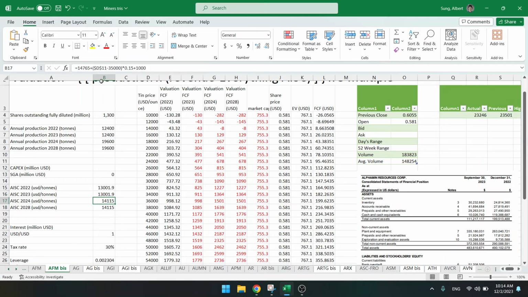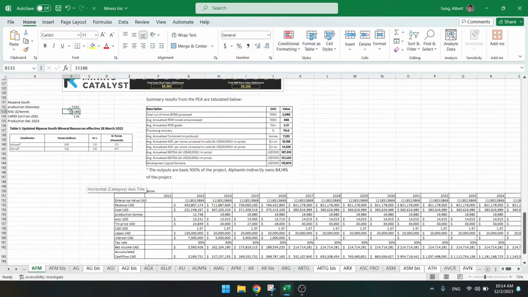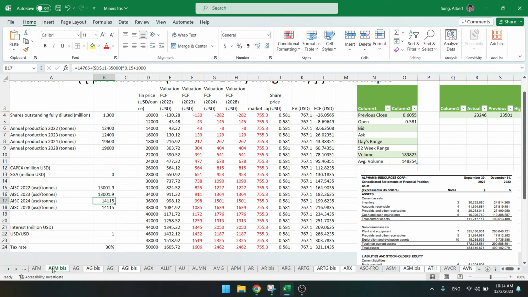And here we did the same, but plus 1000. There should be another way to do this. 15,000 production. You could average it out with the production, of course.